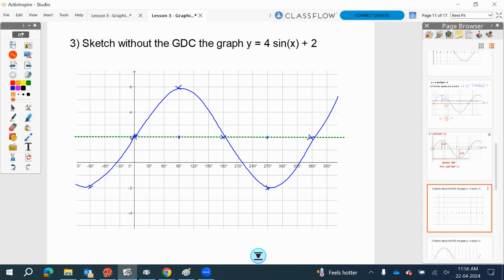How did you know where to plot the x points based on knowing the period is equal to 360? I know that there's no C value, so the first one is going to be here, and then the last one is going to be here, 360 degrees. We don't have a C value.